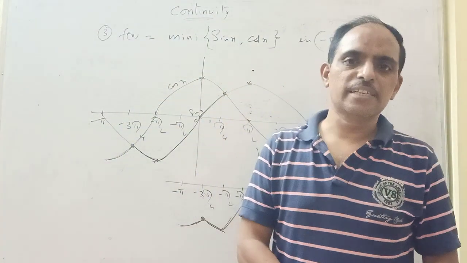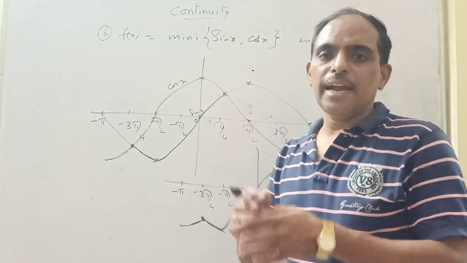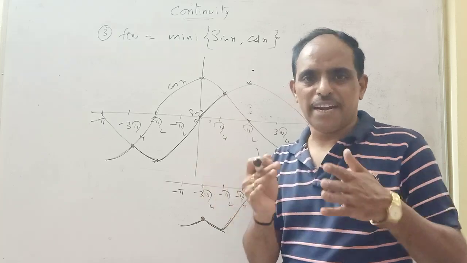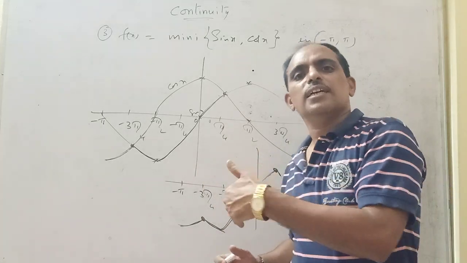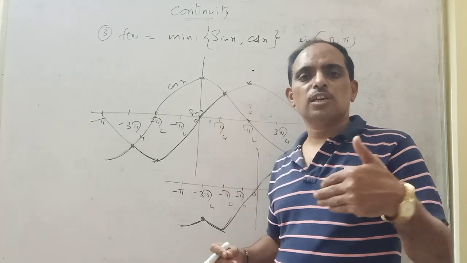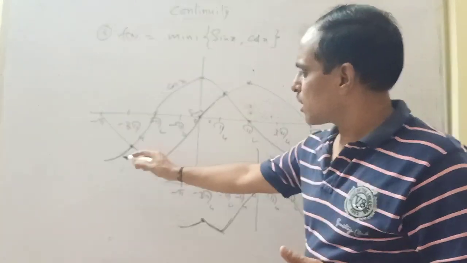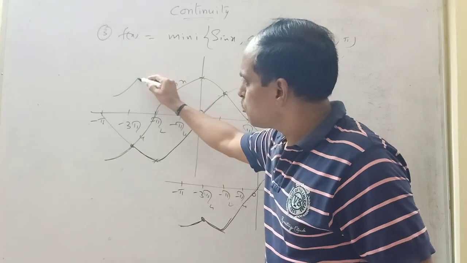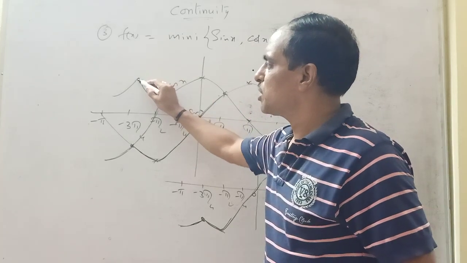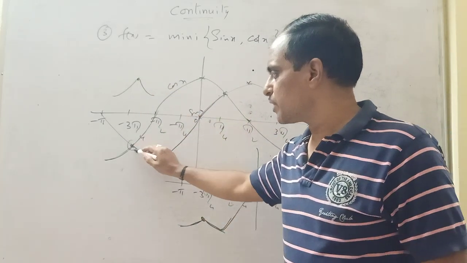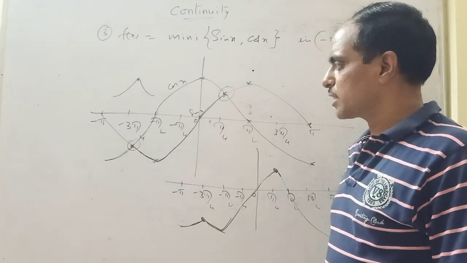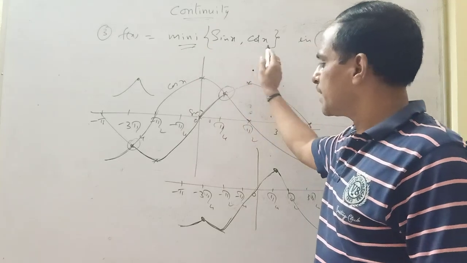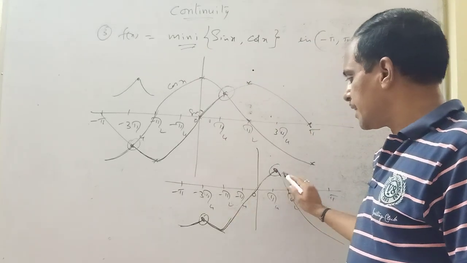Whenever there are points of intersection for any two curves, at that point the curves change their direction. That is called a sharp edge. Suddenly it changes its direction, then we can call it a sharp edge. You see the graph of cos x coming like this, and it moves as sin x. So it will be a sharp edge, because this is the point of intersection. These two are points of intersection. Suddenly at these 2 points, the graph of the minimum of sin x and cos x changes its direction.